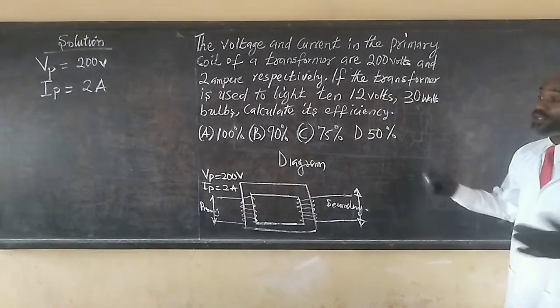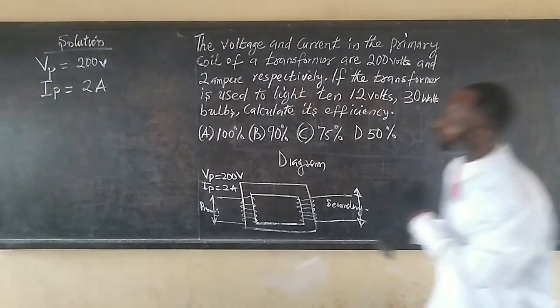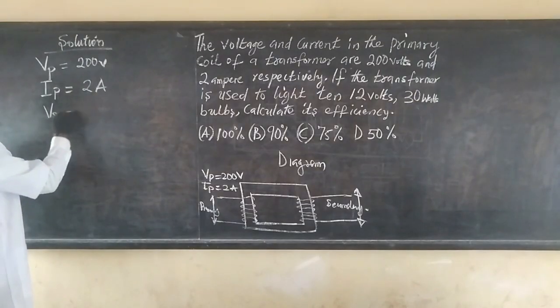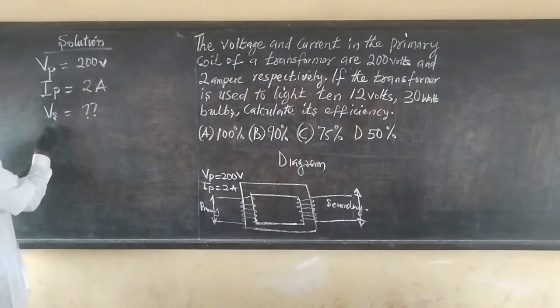You can see the power is already specified. But there is something we don't have here. We don't have the secondary voltage, okay, we don't have the secondary current.